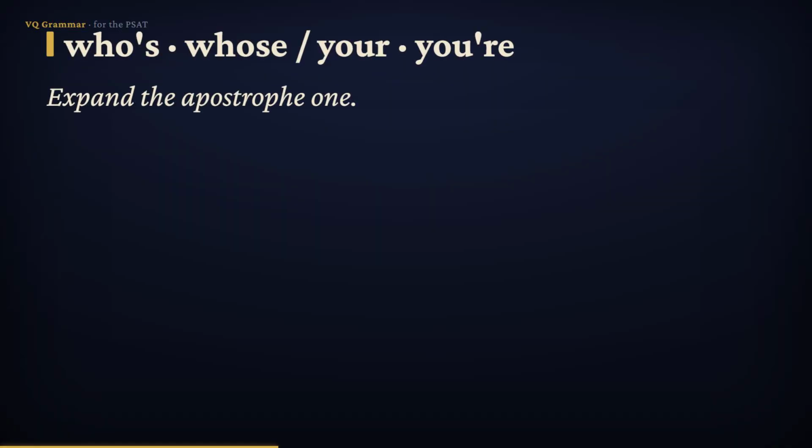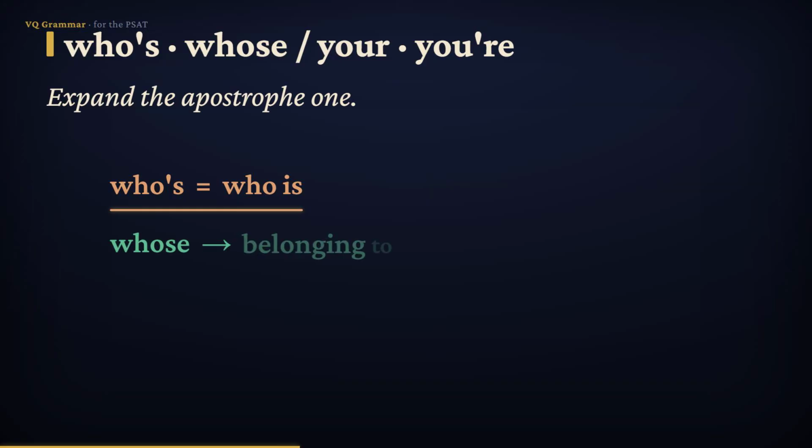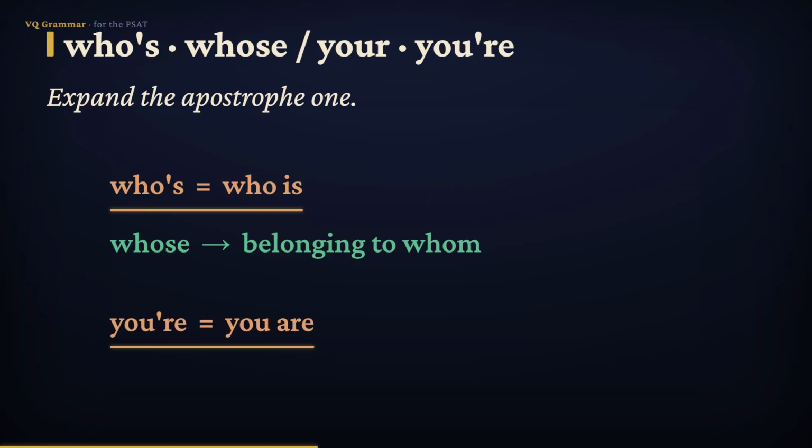Two more apostrophe pairs that work the same way. Who's, with an apostrophe, means who is. Who's bringing the snacks means who is bringing them. Whose, with no apostrophe, is possessive. Whose backpack is this? Same logic for you. You're, with an apostrophe, means you are.